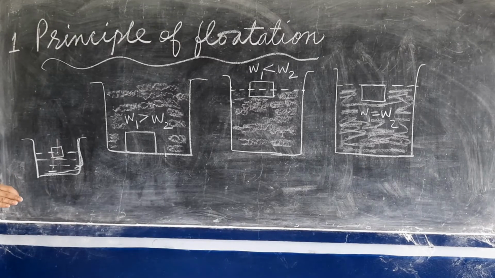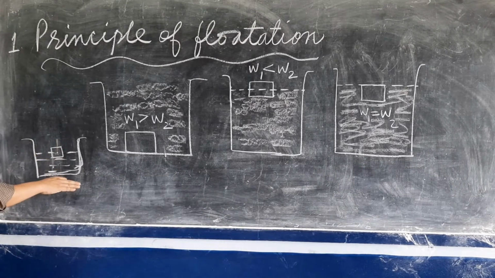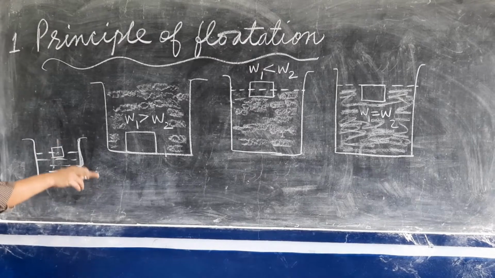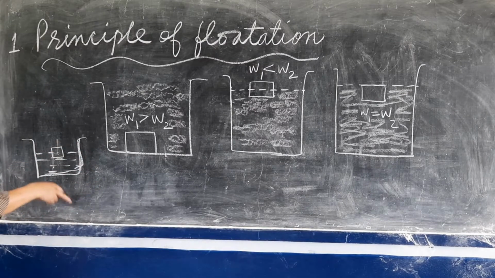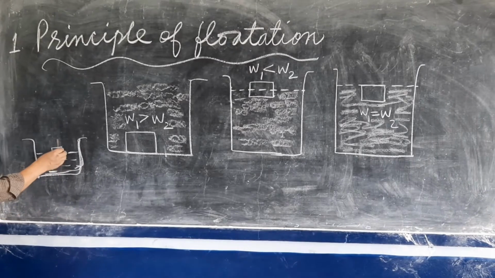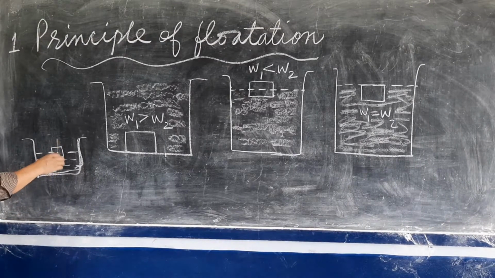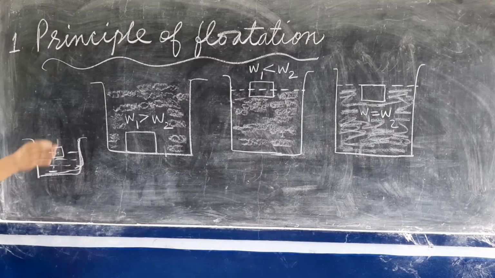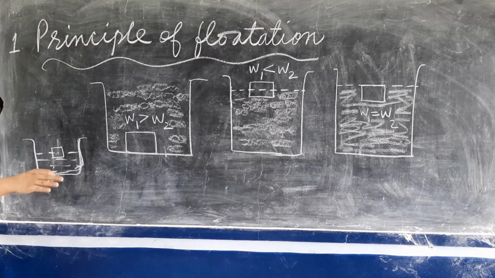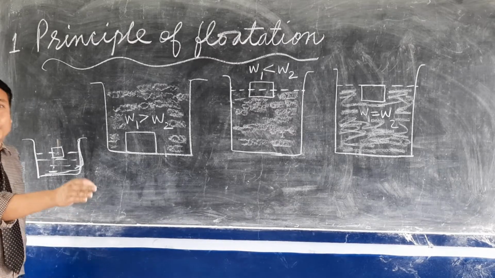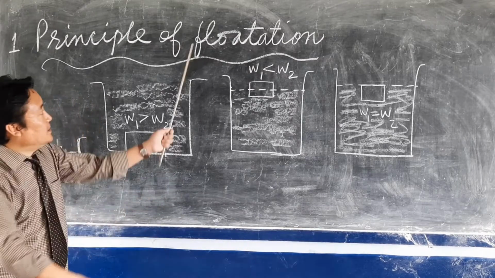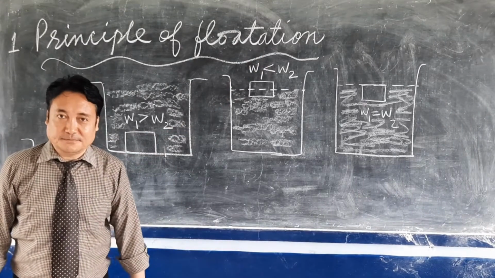What makes the body float is that the weight of the body immersed in the liquid should be equal to the weight of the liquid displaced by it. That means the water displaced by the body should be equal to the weight of the body, as stated by the principle of flotation.